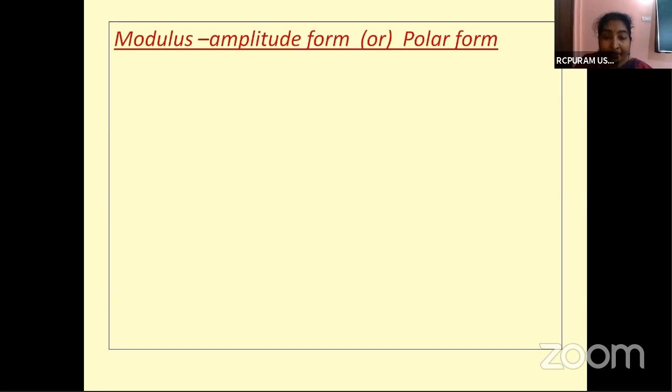Now, modulus amplitude form or polar form of a complex number. We have seen modulus separately and amplitude separately. Whenever you are given a complex number, we can always represent it in modulus amplitude form or polar form.